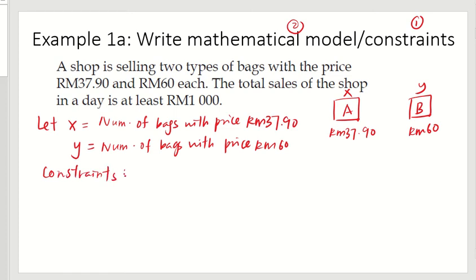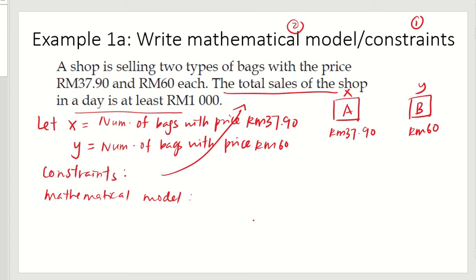This is the constraint. The total sales of the shop in a day is at least 1,000 ringgit. This is the constraint. The total sales is at least 1,000 ringgit. So what is your mathematical model, or the inequality? What inequality can you form?